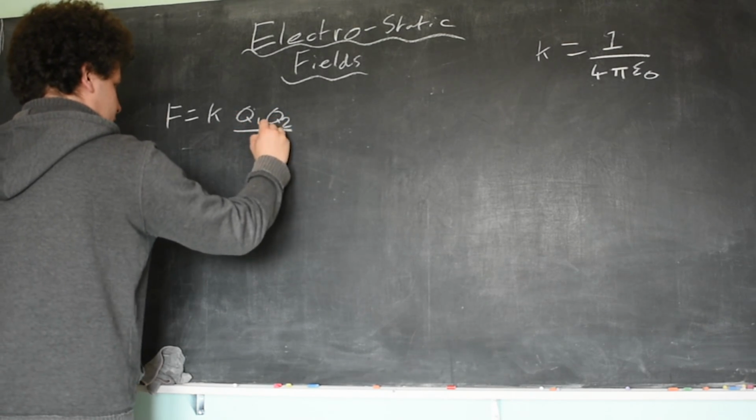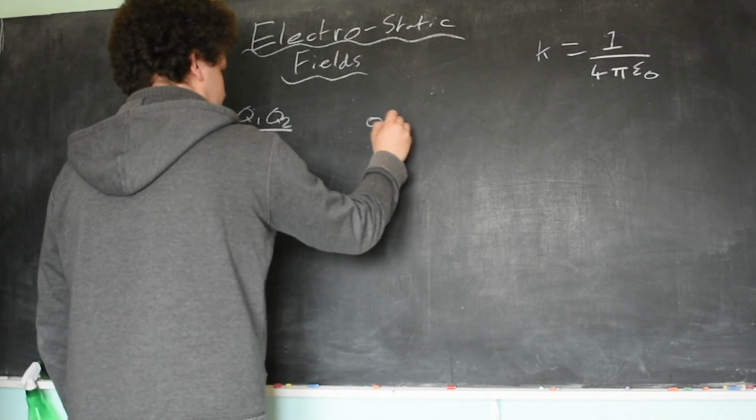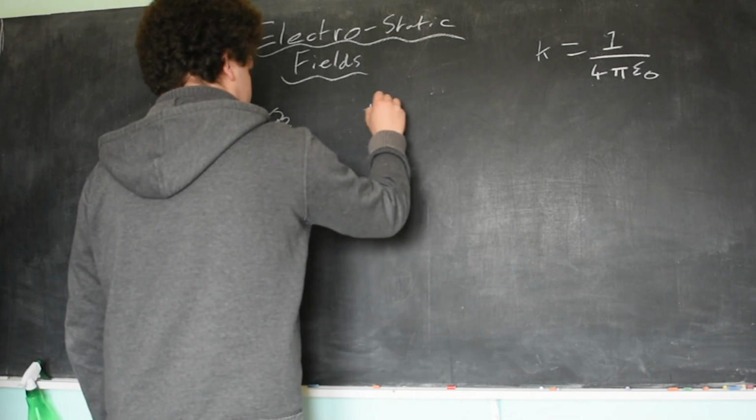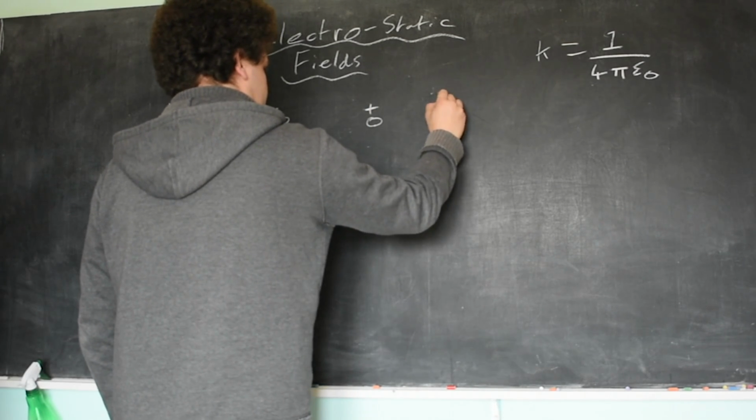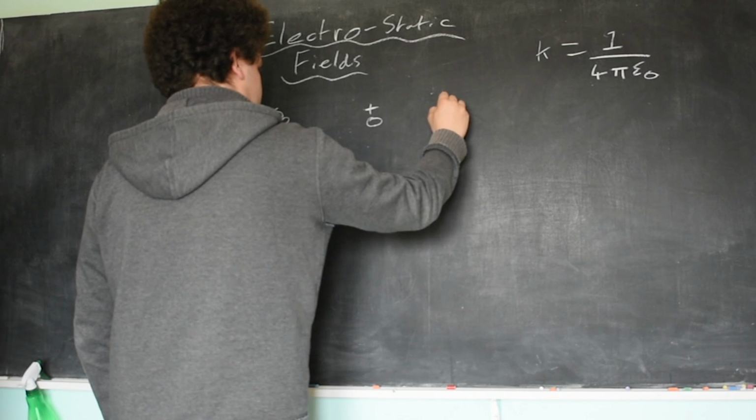So the force between 2 point charges takes the form K charge 1 times charge 2 over r squared, where r is the distance between them.